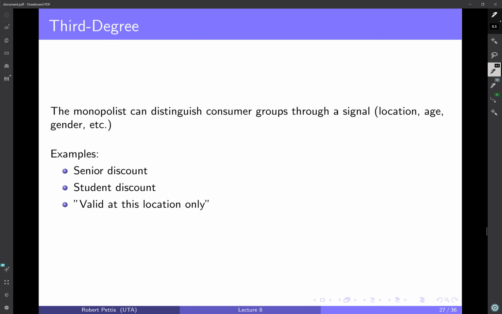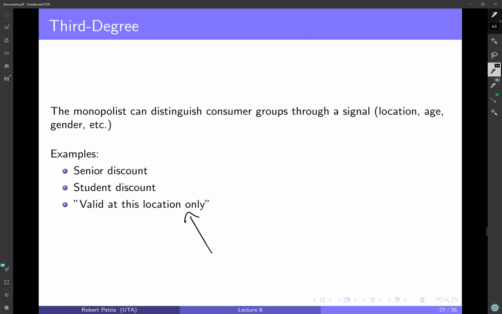And third degree, again, this is the one you should be most familiar with if you've used your student discount for anything, to get a discount at the movies or something like that, right? Or if you've gotten any coupons that say valid at this location only. So why would that count? Well, maybe people in different areas of town have different abilities to pay, right?